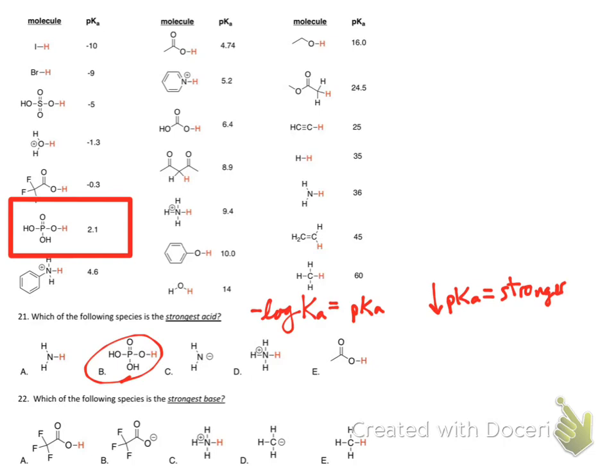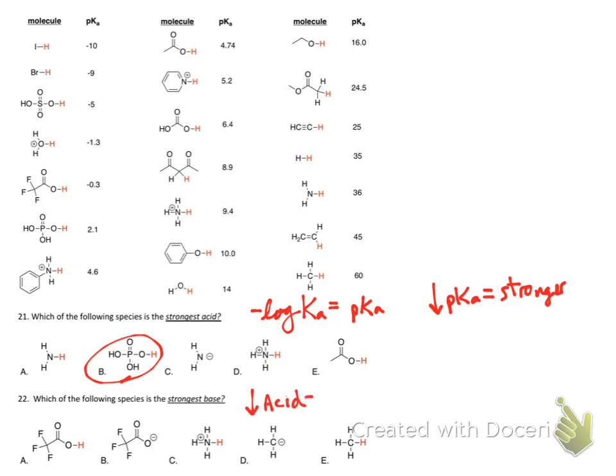The only stronger acids that are given are trifluoroacetic acid, hydronium, H2SO4, hydrobromic acid, and hydroiodic acid, none of which are actually answer choices here. So the strongest of these acids is phosphoric acid. What about the strongest base? Now we can actually eliminate a number of choices here. So first of all, the first answer choice is an acid.